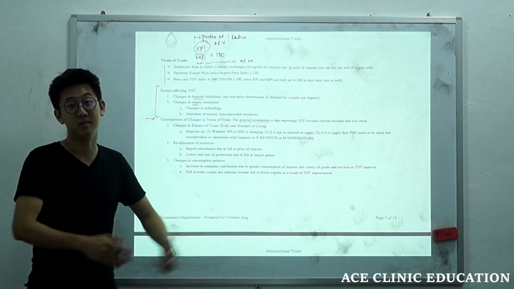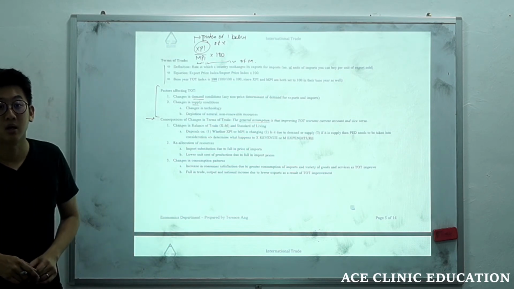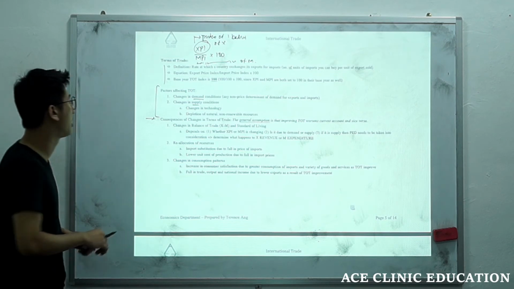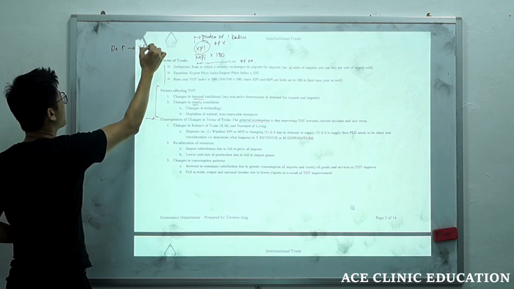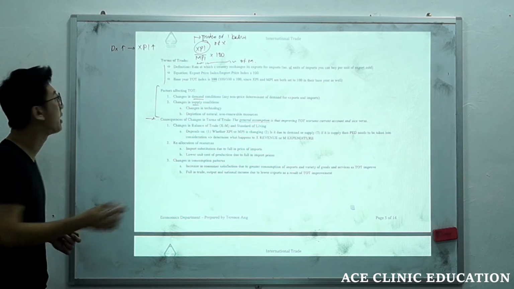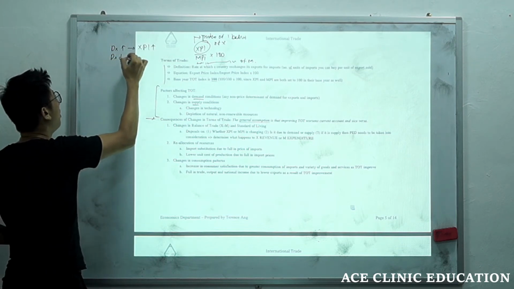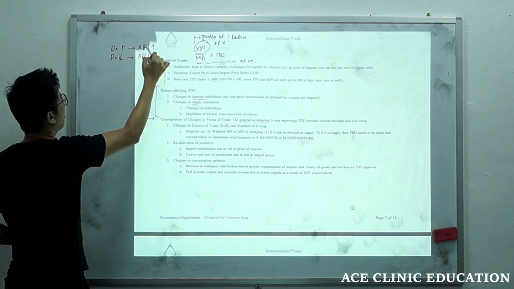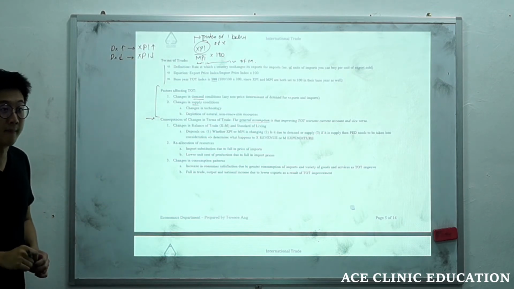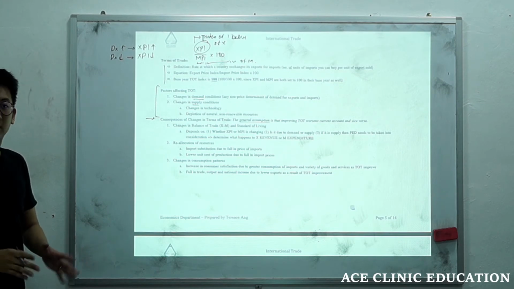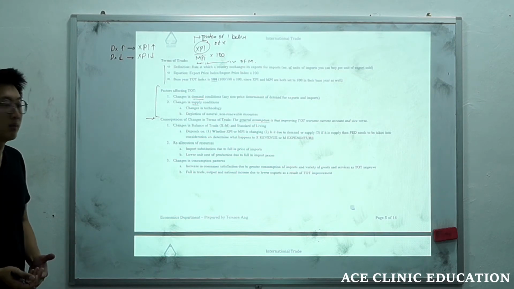Anything you've learned in demand and supply is fair game. Right? Simply put, something like if demand for exports rise, export price index goes up. Demand for exports fall, export price index goes down. You get the idea? Supply of exports rise, and so on and so forth. Really easy, right? Factors, demand and supply. Okay?